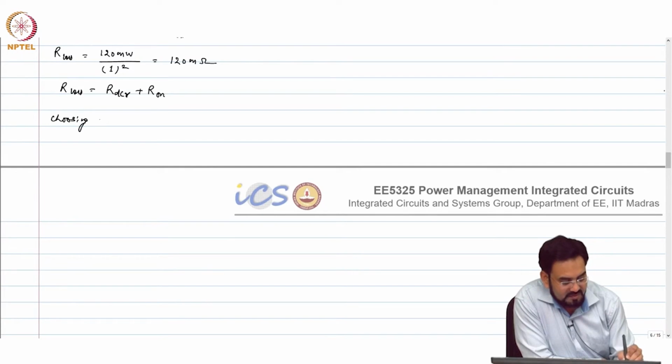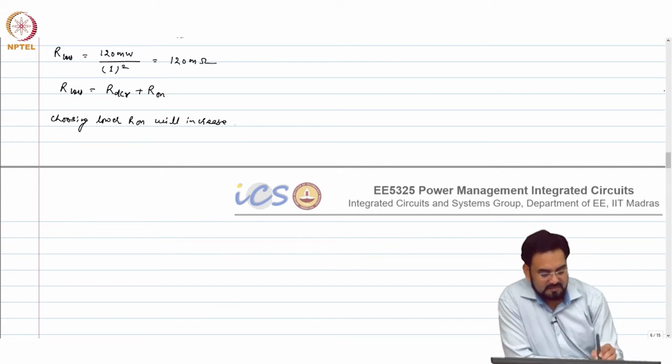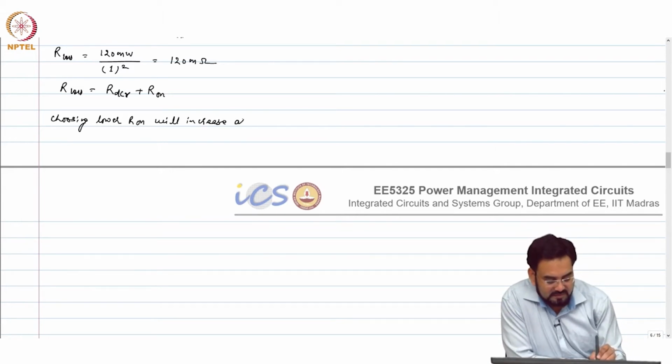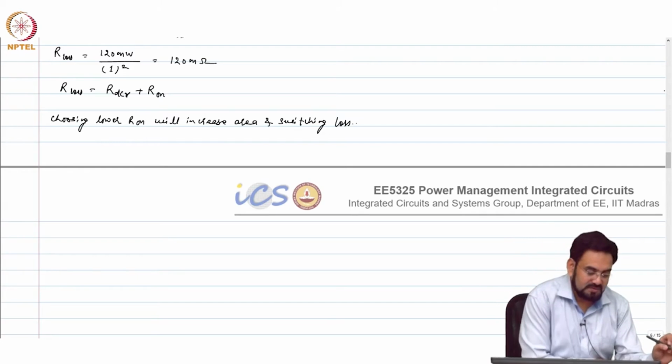So, choosing smaller or lower R on will increase area and switching loss.